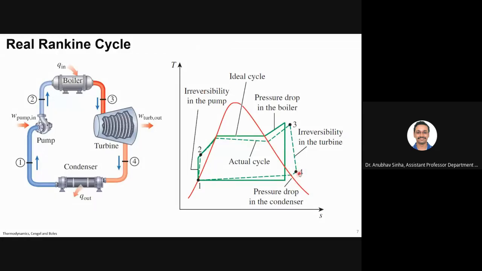When you come back to 1, there will be a pressure drop in the condenser. We assume this to be isobaric, but in the real case it is not isobaric. There is some pressure drop. So finally we come to point 1. This is how a real cycle looks.